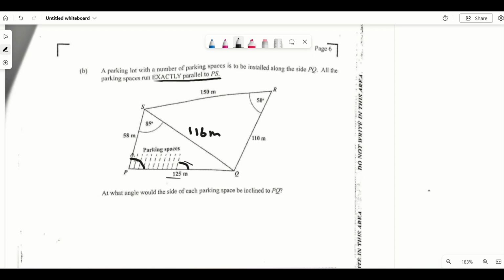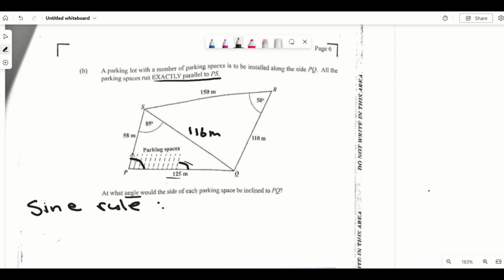So again, if you're trying to find out an angle, you either use sine rule or cosine rule. Now, in this case, they give you all your sides and you have one angle, but you want to find the next angle. So if you're trying to find angles, you use sine rule. Now, if you don't know what sine rule is, the formula is in the formula sheet.